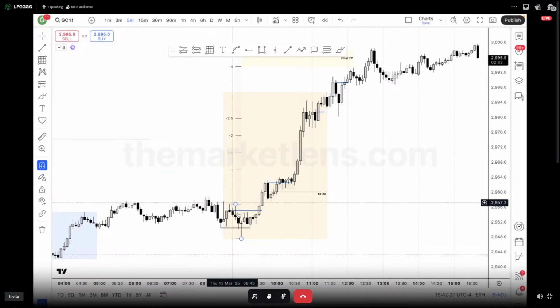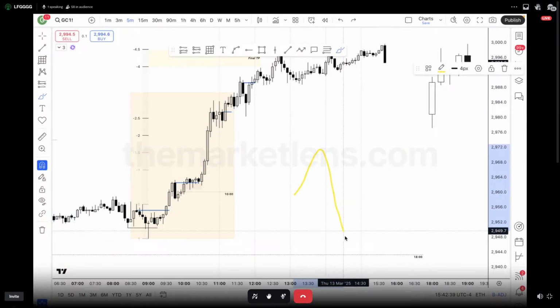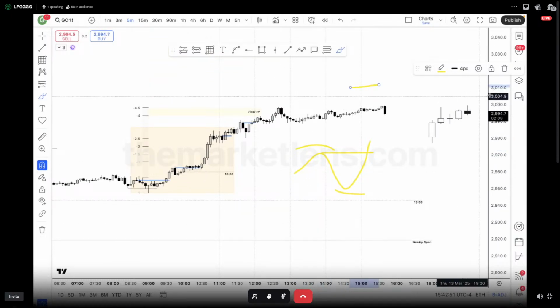Generally in a manipulation leg, you mark out the first break of structure within the reversal. So this break of structure or CSD essentially confirms the reversal. Then you mark out from the low to the high, and then you can project targets for expansion.